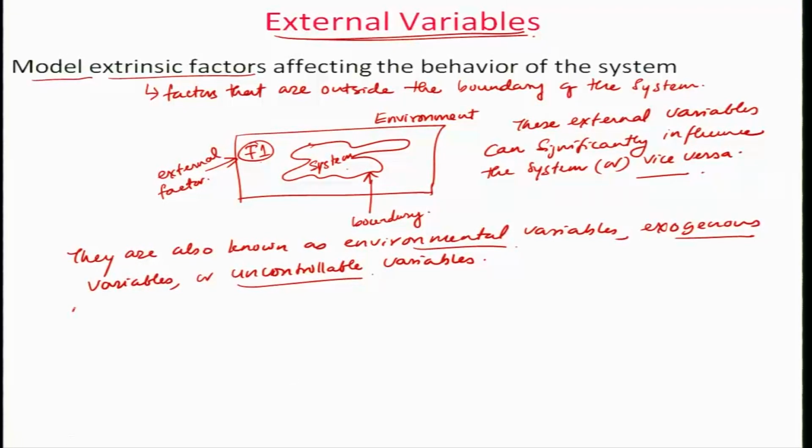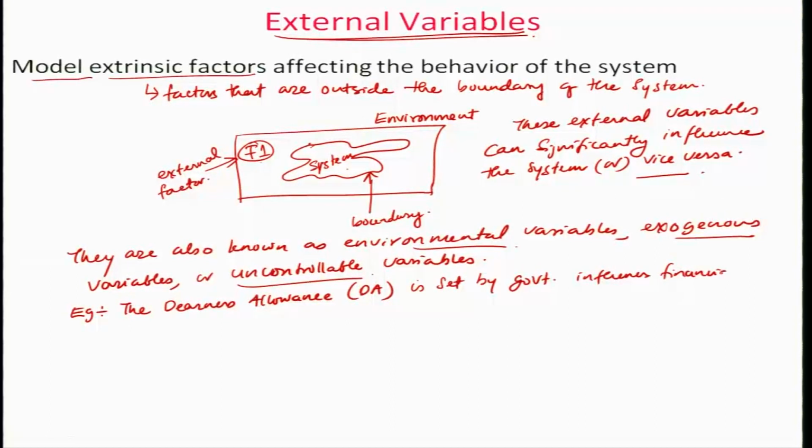So, an example of this is the dearness allowance, popularly known as DA. Okay, dearness allowance is set by the government and influences the finances of organizations.